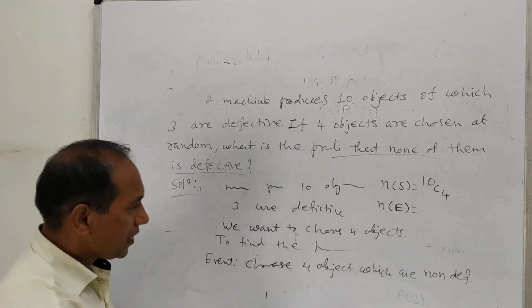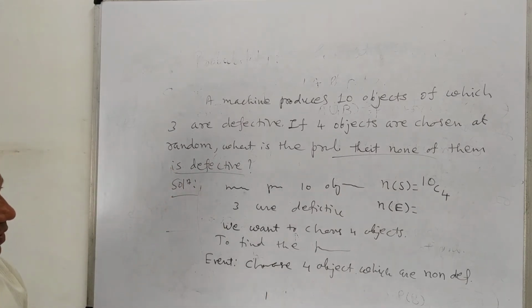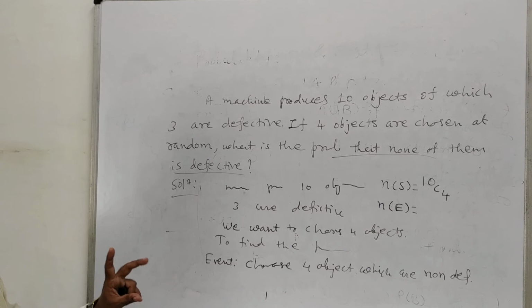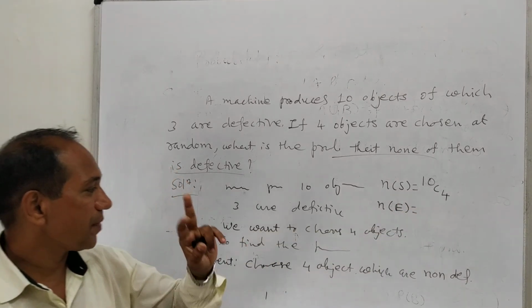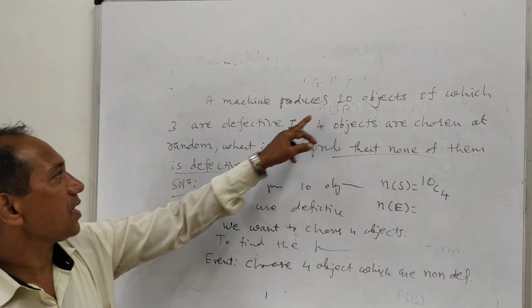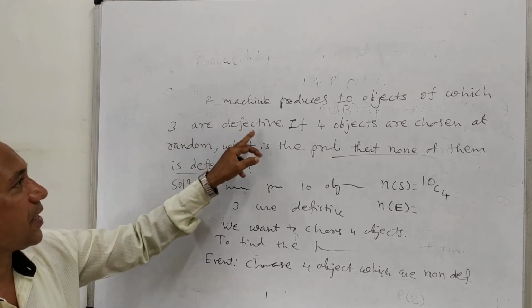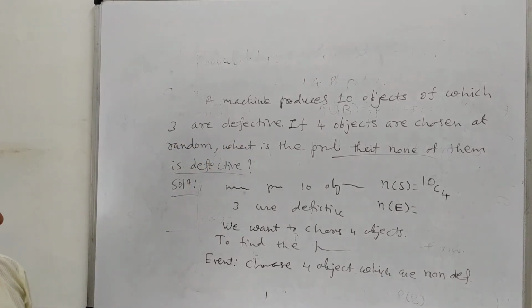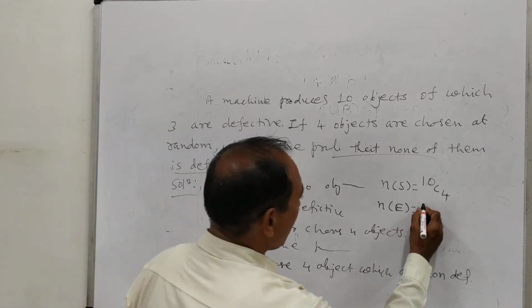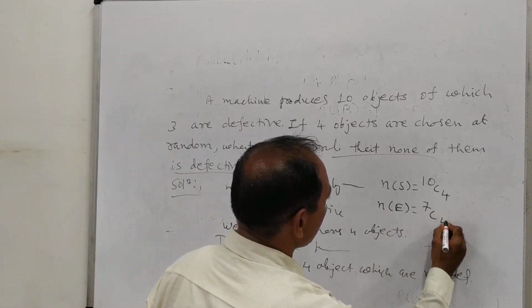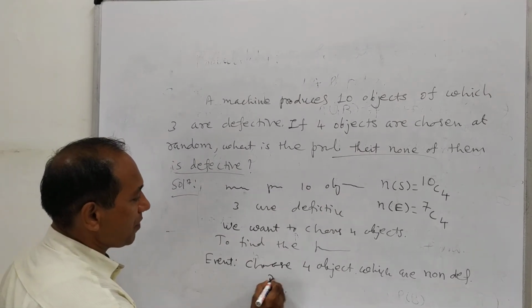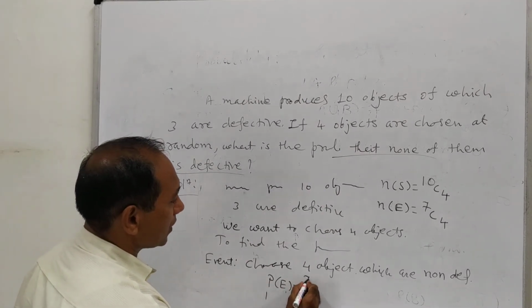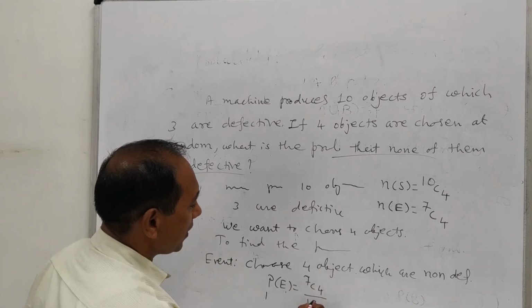In the event E, each of the 4 objects must be non-defective, which means the elements we have selected should not be defective. Out of 10 objects 3 are defective, that means 7 are non-defective. So we will have to choose them from 7. So the number of elements in E is 7C4. So our probability of E is 7C4 divided by 10C4.